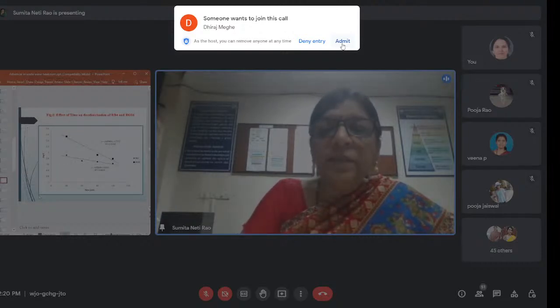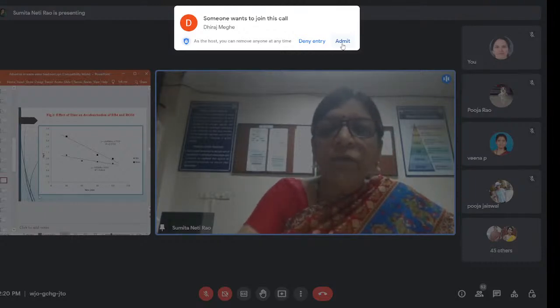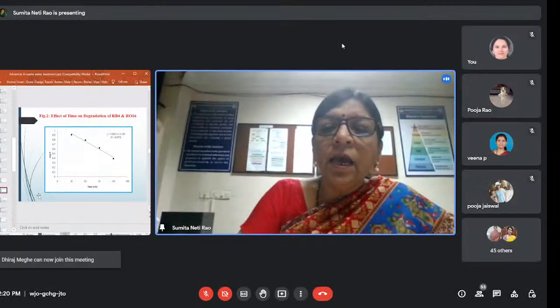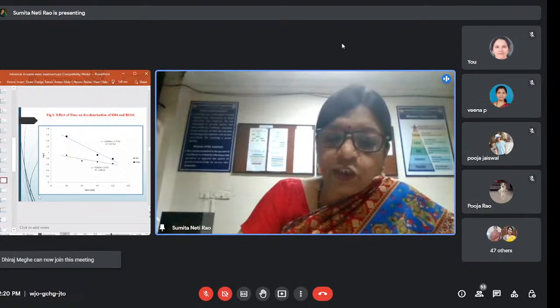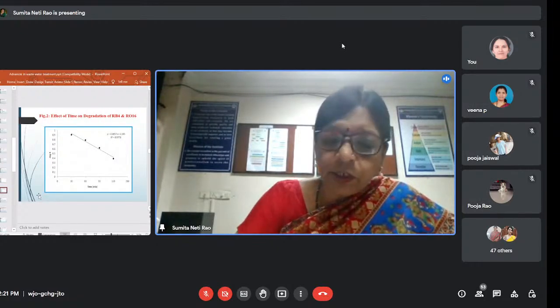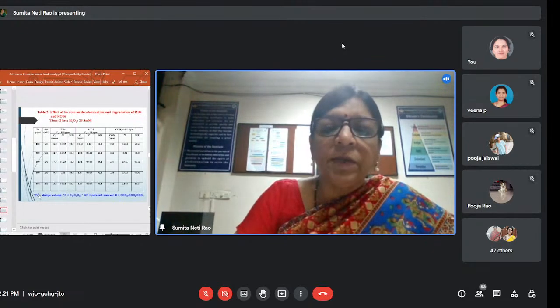Similarly, you can see it through this graph that we have plotted, time versus minus log C. We have calculated the slope, that is, the rate of reaction. All the studies were done on this, and this is for decolorization, and this is for reduction in COD. Now, similarly, iron dose was optimized.